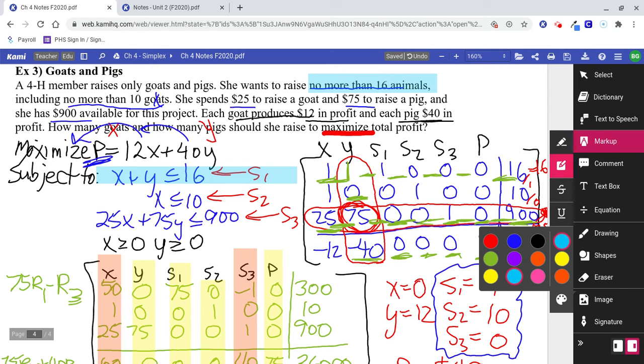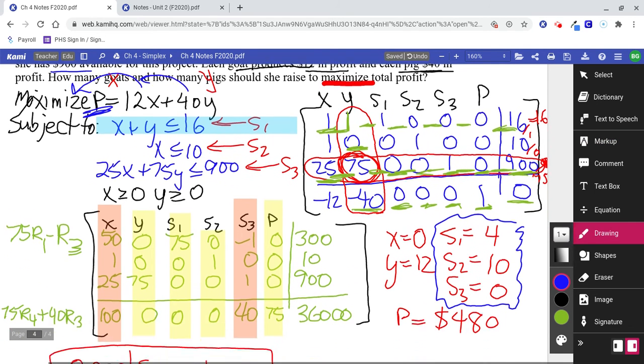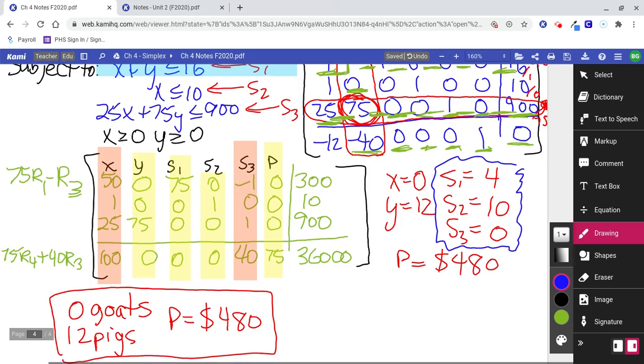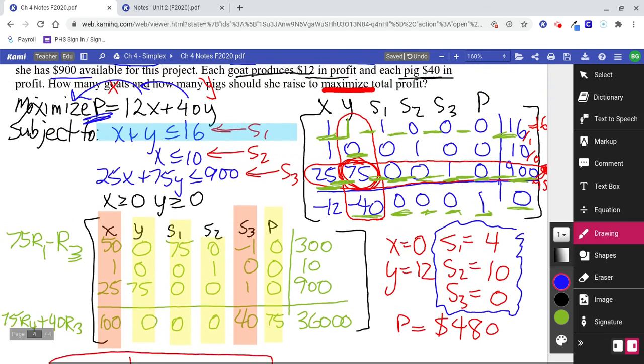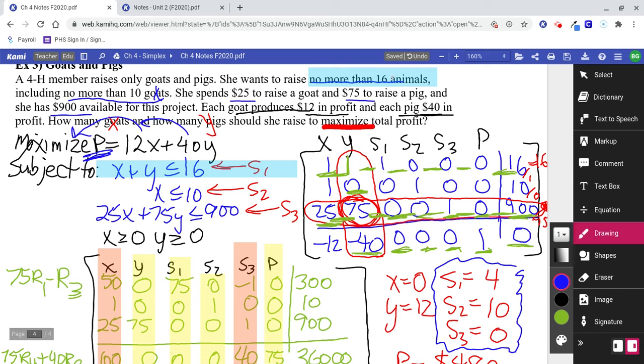And so think about our solution. We had 0 goats and 12 pigs. That's only 12 animals. So since we were supposed to have no more than 16 animals, but our solution only had 12, that means we had room for 4 more animals. That's what this S1 stands for. It means there was room for 4 more animals in that inequality.